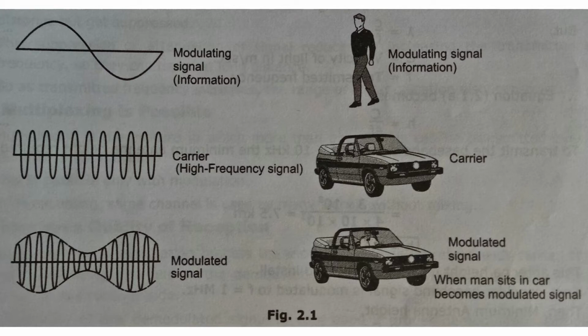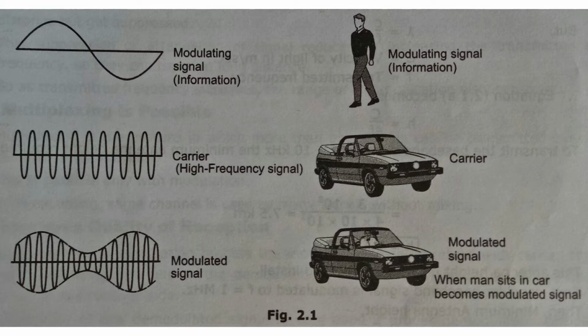Now the carrier is called a high frequency signal. This person wants to travel from source to destination with the help of a car. So this car is called a carrier, which carries the person from source to destination.